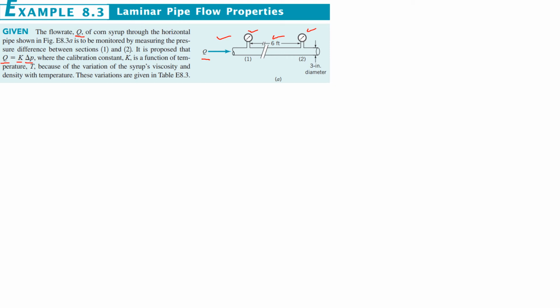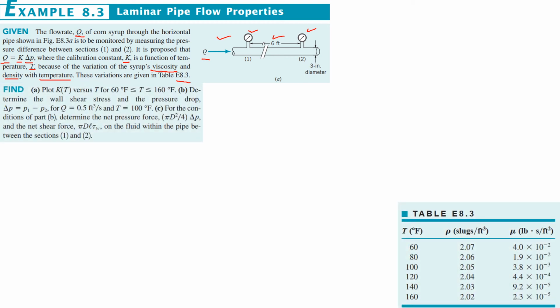The calibration constant K is a function of temperature T, because of the variation of syrup's viscosity and density with temperature. These variations are given in this table right here.